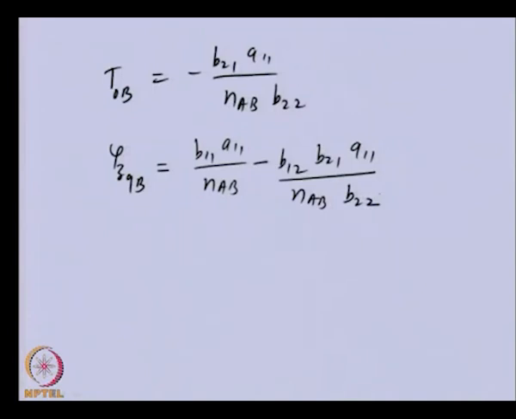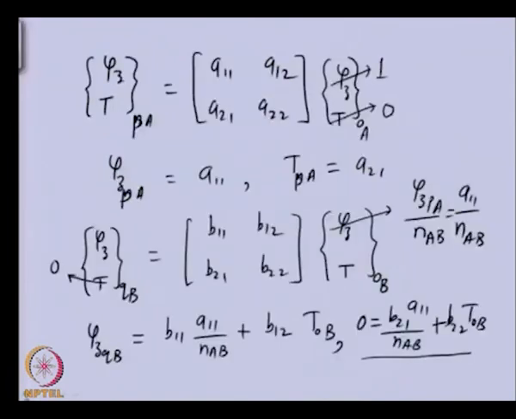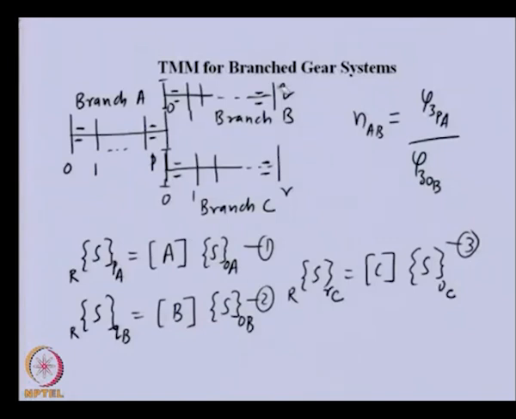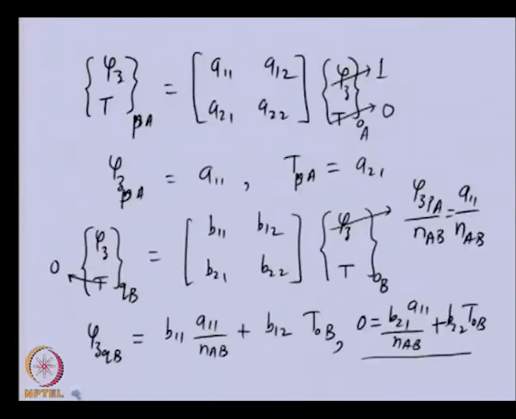So now you can see we could get the angular displacement in branch B at the qth station, that is the far end of this one. Now we can take up the third branch.